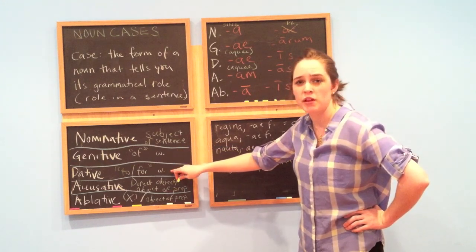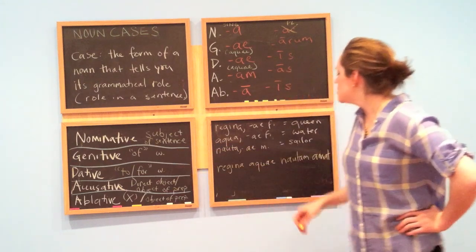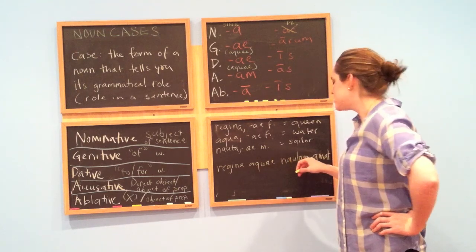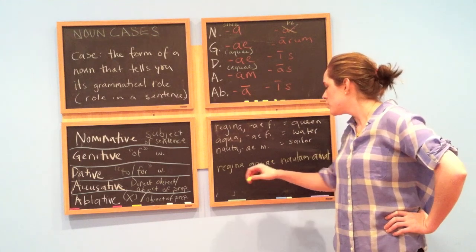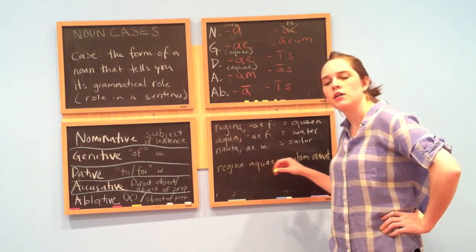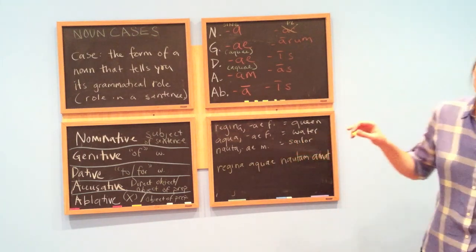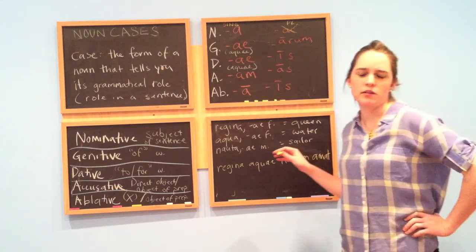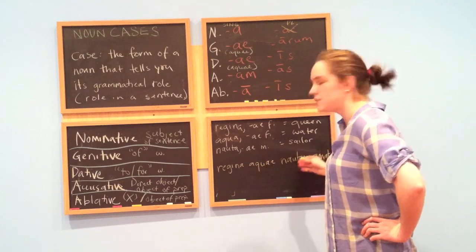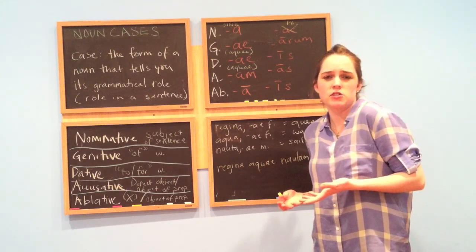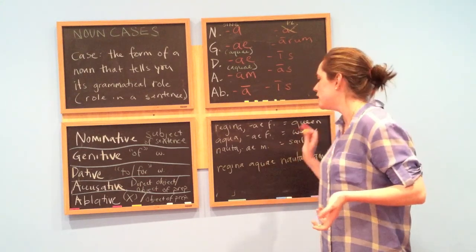Our translation formula for the dative is to or for. So we could say the queen loves the sailor for the water, or we could say the queen of the water loves the sailor. And I think that works better. Maybe she's a mer queen or something. So the queen of the water loves the sailor, and that makes sense. She loves the sailor because she's the queen of water, right?